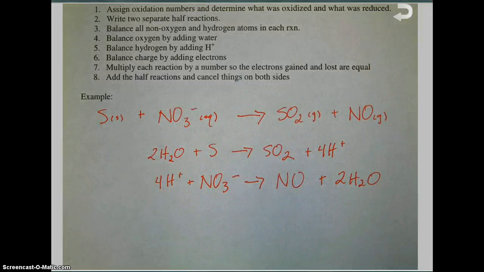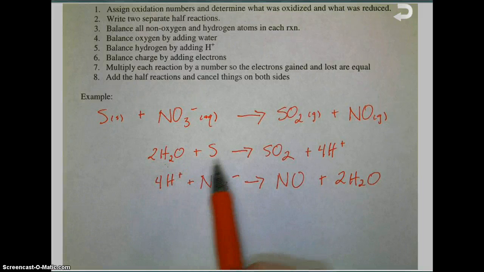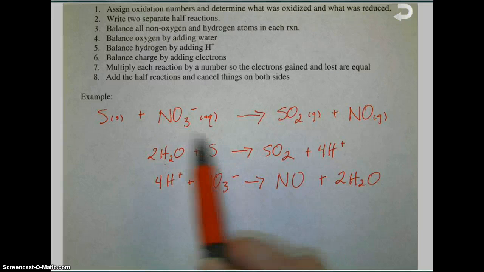Okay. Now, here's the most complicated step. Number 6, balance the charge by adding electrons. Remember, one of these is oxidation and one of these is reduction. So something has to be gaining and something has to be losing electrons. And we figure that out by looking at how the charges change. So if we look at our first half reaction, this whole left side doesn't have a charge.